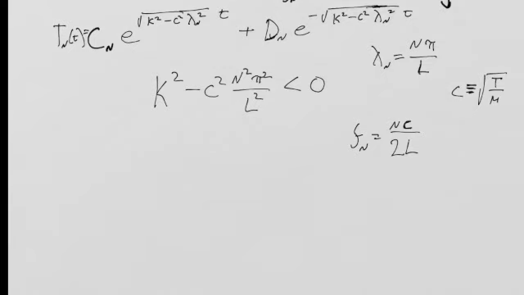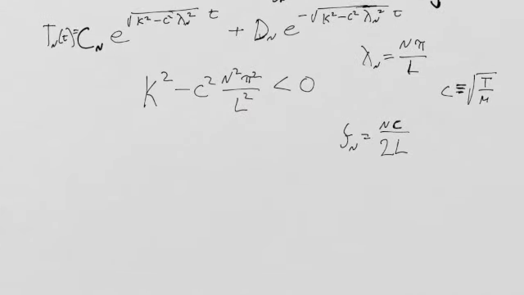Can we figure that out by looking at this expression? Yes, we can, because this has to be less than 0. When is it going to be less than 0? Without knowing the scale length, the tension on the string, the speed of sound, or the damping, you can't really immediately decide.